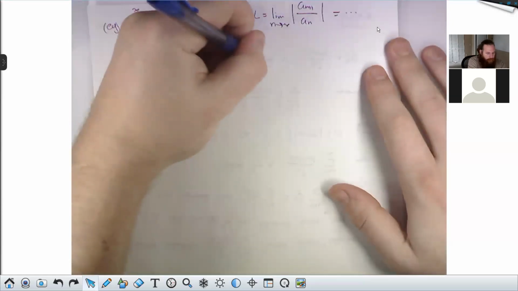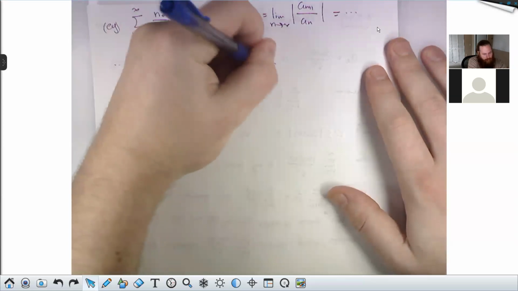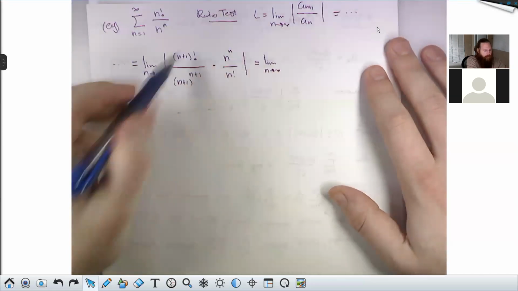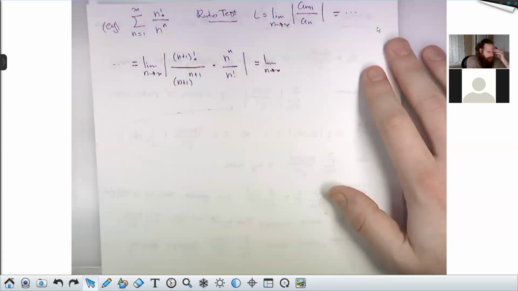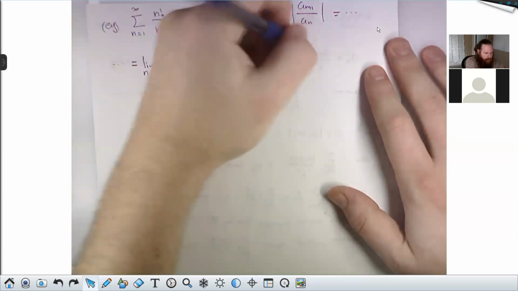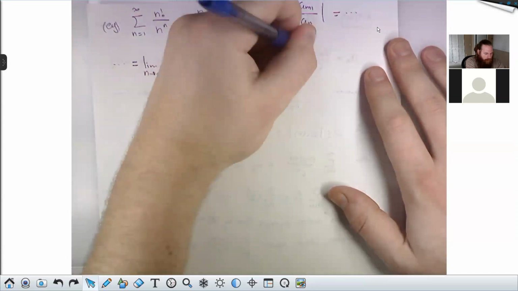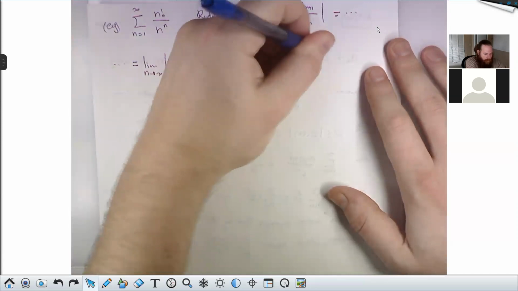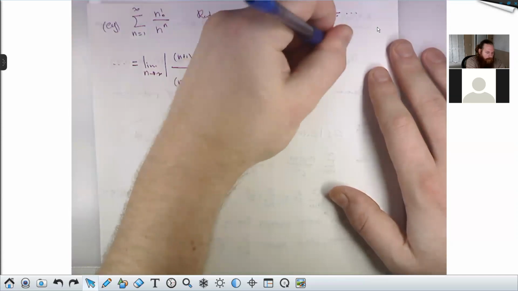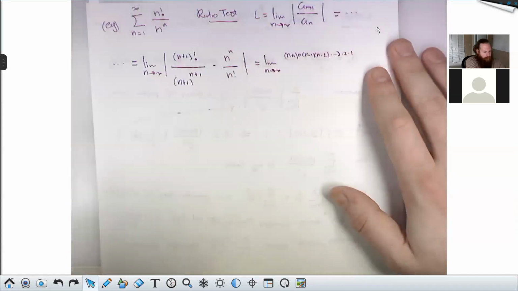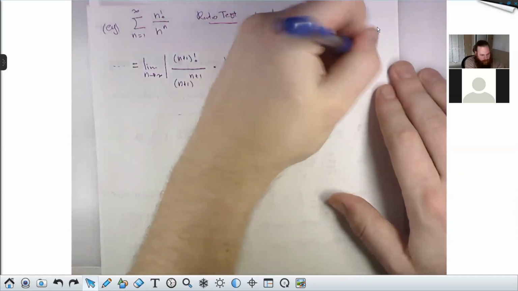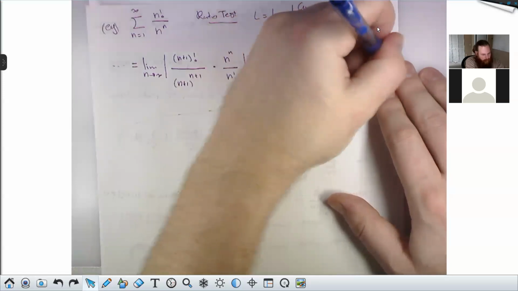Now I write everything out. Everything here is positive, so I'm going to ditch the absolute values. (n+1) factorial is (n+1) times n times (n-1), all the way down to 3 times 2 times 1, times n to the n is just n to the n.